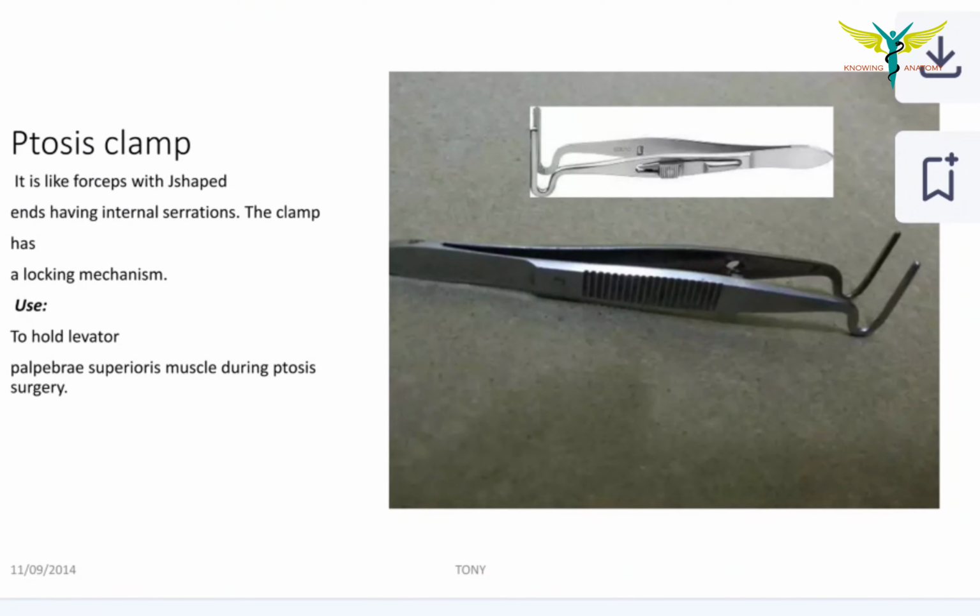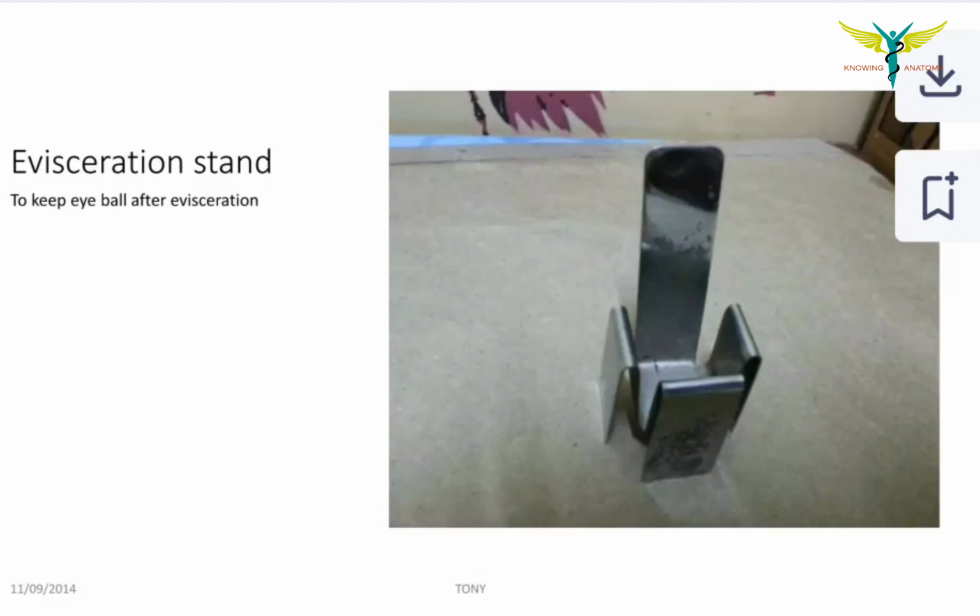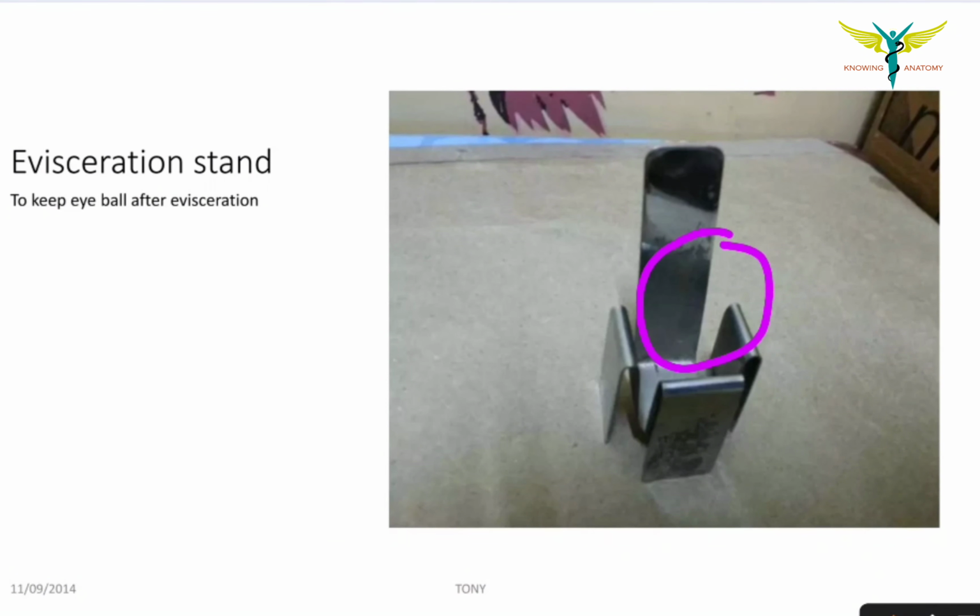Ptosis clamp. It is a forceps which has J-shaped ends. It has internal serrations and the clamp has a locking mechanism. It is used to hold the levator palpebrae superioris muscle during the ptosis surgery. Evisceration stand. It helps to keep the eyeball after the evisceration surgeries.